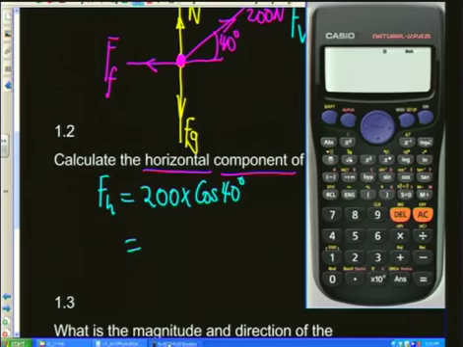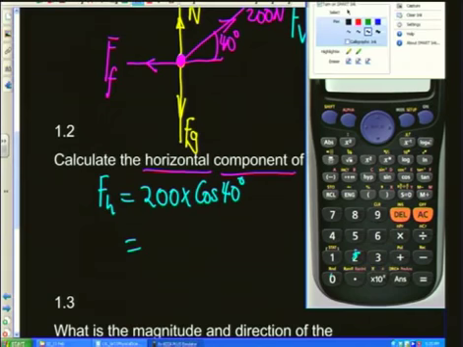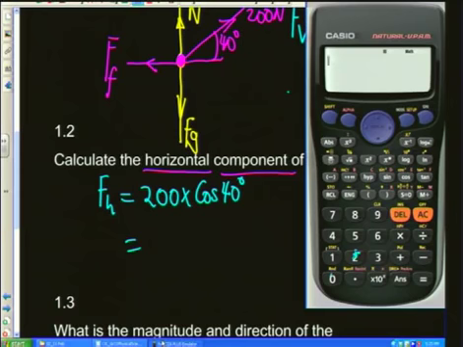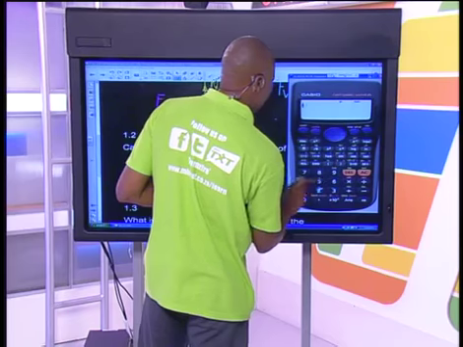Let me find out what I should do here. There is the calculator. Oh, my calculator is not helping.